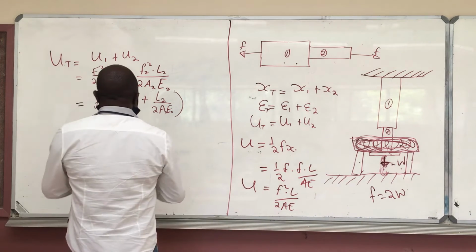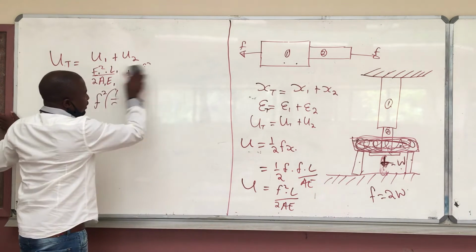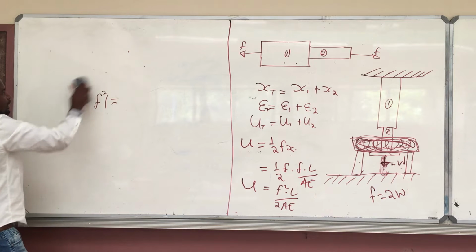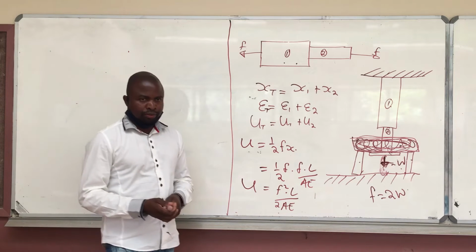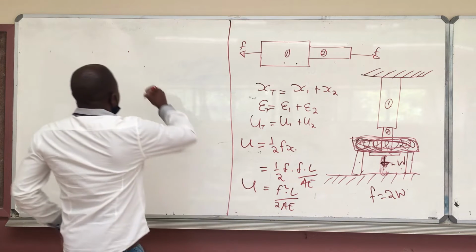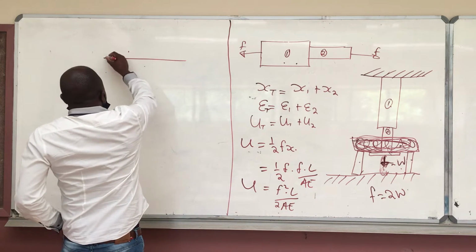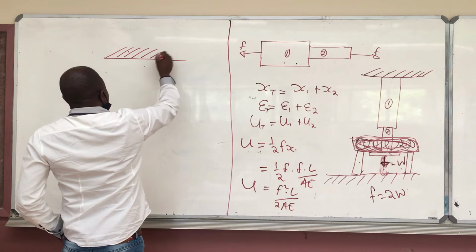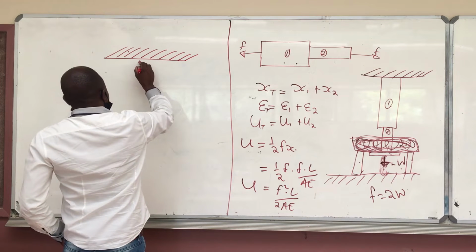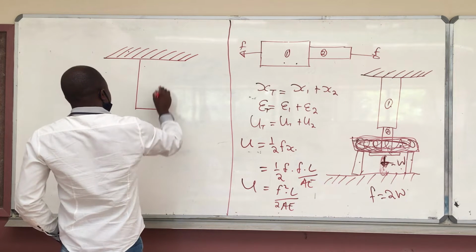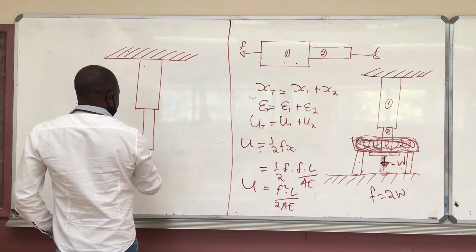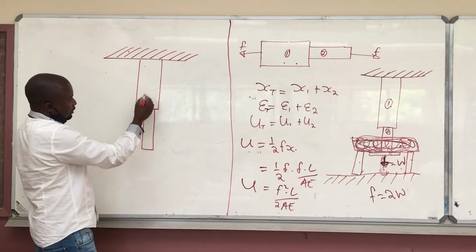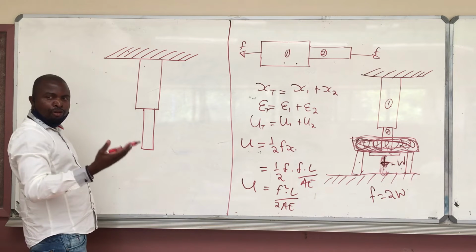So, lastly, we have something which they call a shock load. This bar, there can also be 3, 4, 5, or 1.